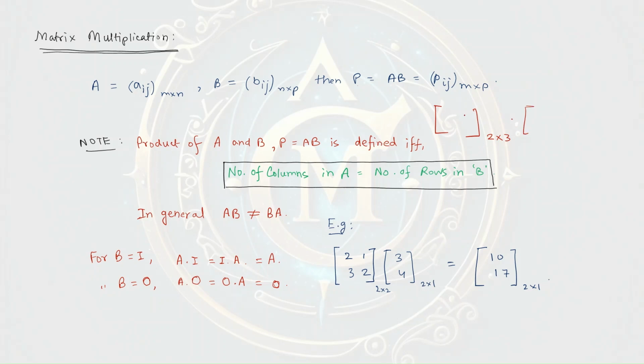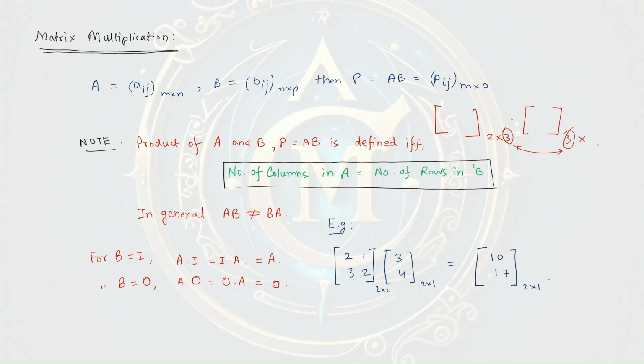Then we want to take a product of this matrix with some other matrix. Now the product is only defined if the number of rows of this matrix is equal to the total number of columns in this matrix. So here it should be equal to 3 to define the product.